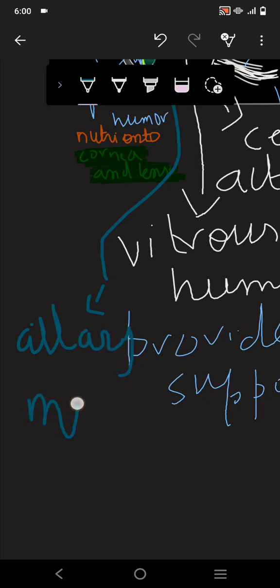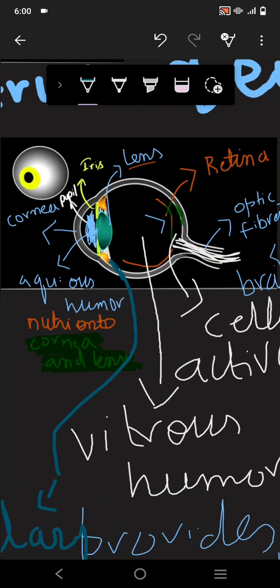What's the function of ciliary muscles? For example, the light rays are coming, and I'm not talking about the light rays now, I'm talking about how the image is formed here. What do the ciliary muscles do?